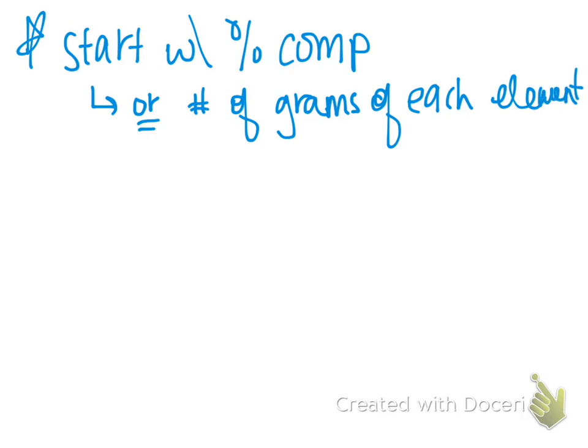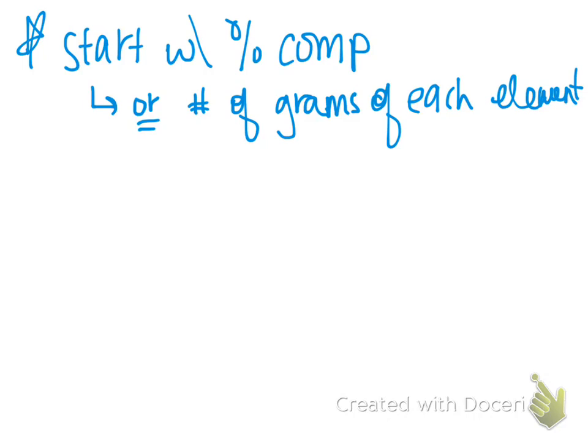Okay, if we're given the number of grams to start our problem, that saves us one step. So we can either start with a percent composition or the number of grams, whichever of those is given to us. Okay? When we have a percent composition, what should the percentages add up to? 100, right? All the percentages of each element should add up to 100%.